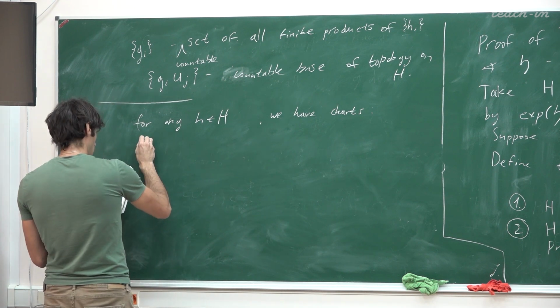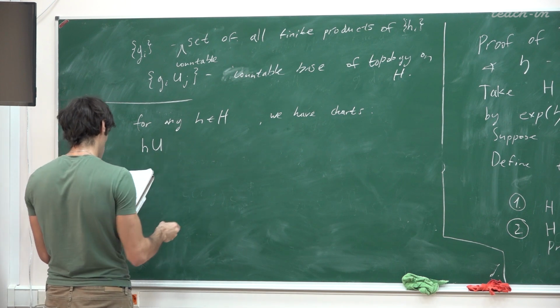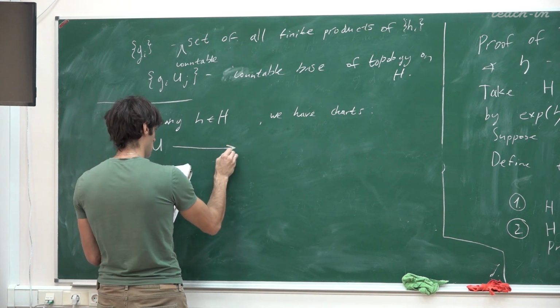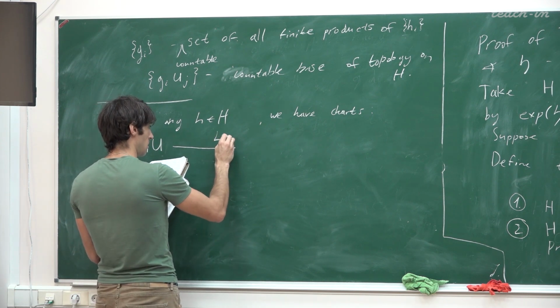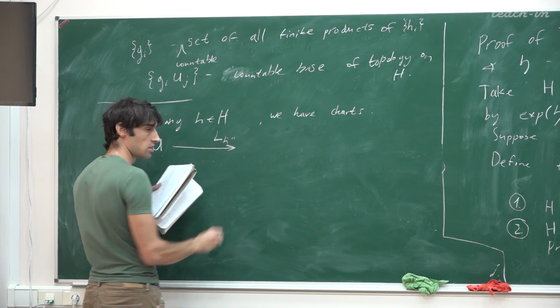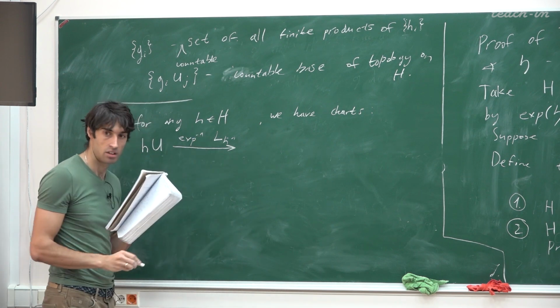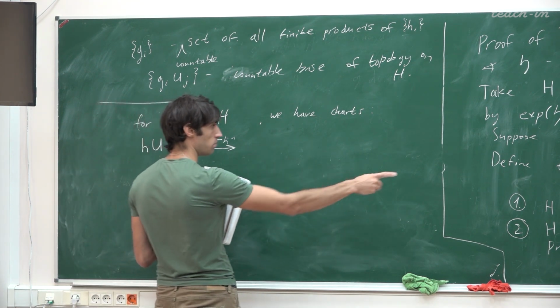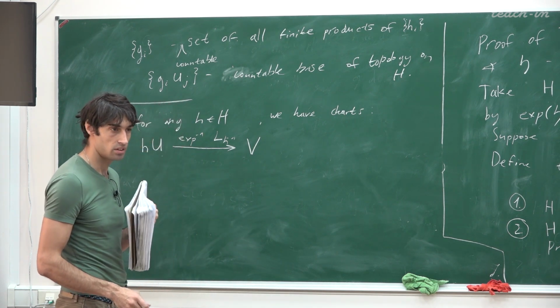So your neighborhood of h is this one. And then the chart is that you first shift it to U by left multiplication by h inverse, and then apply x inverse. And this gives you back to V. Okay.